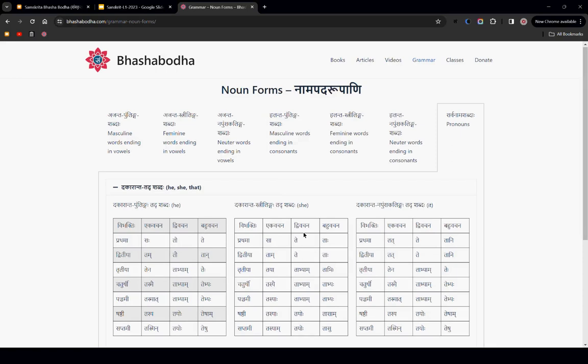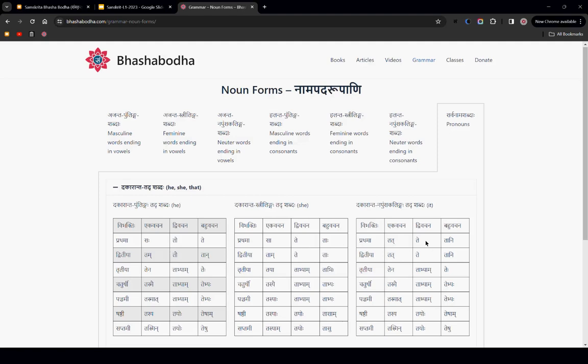If it is coming with te balikaha, balikaha is strilinga dvivachana. No, balike is strilinga dvivachana. Te balike. In that sentence, balike is strilinga dvivachana, so the te should also be strilinga dvivachana.